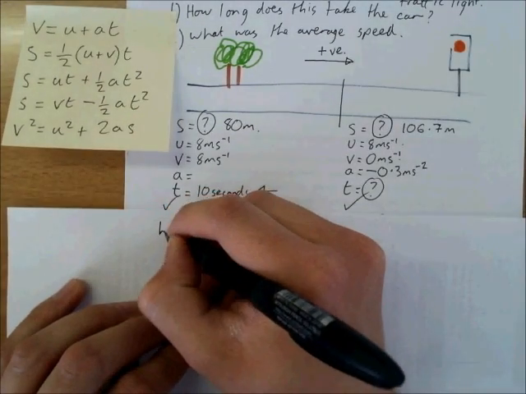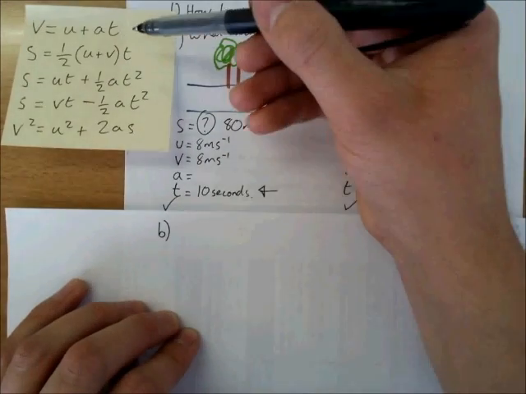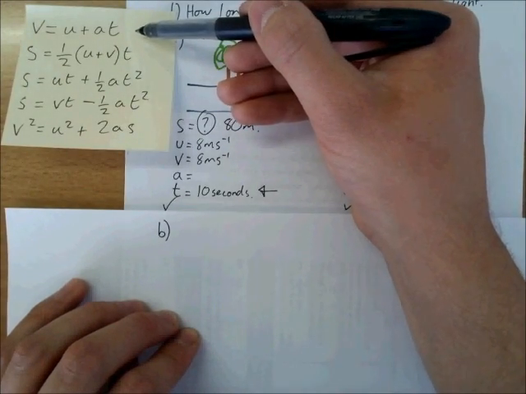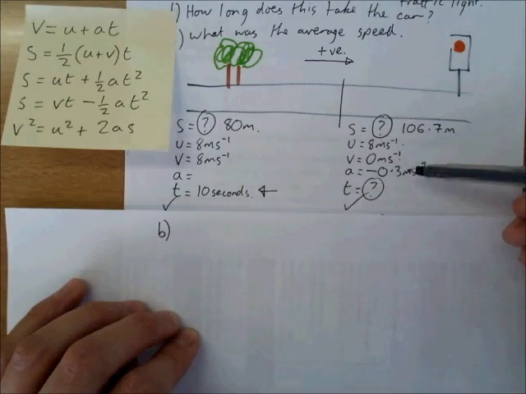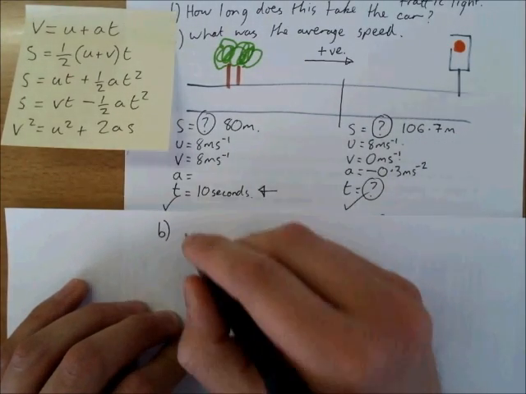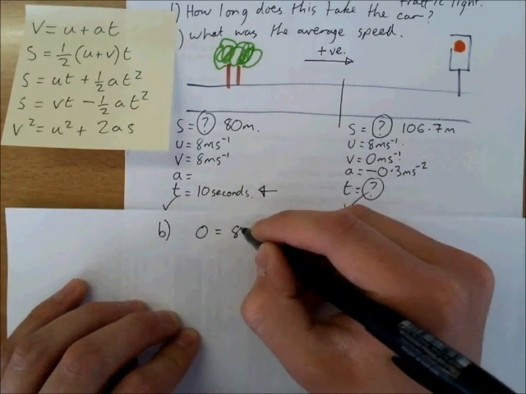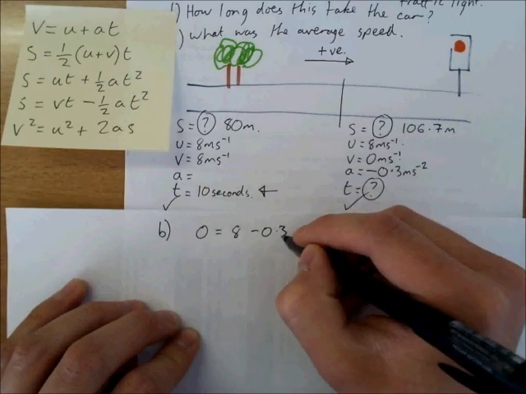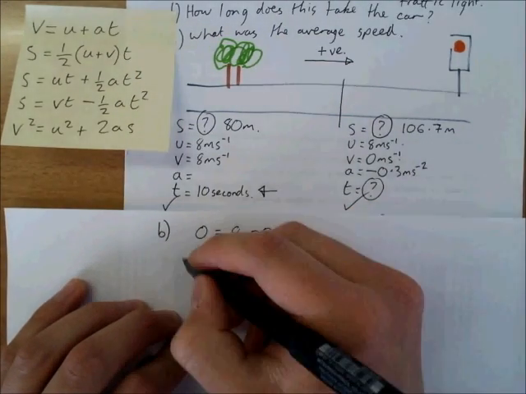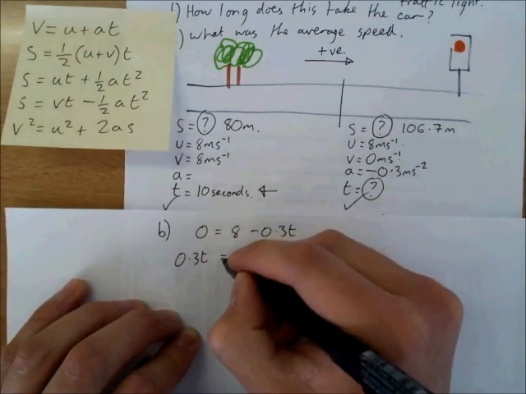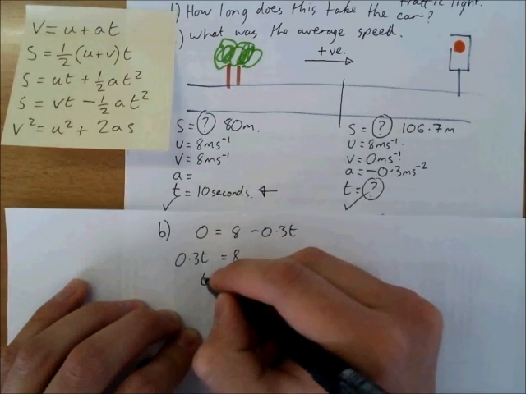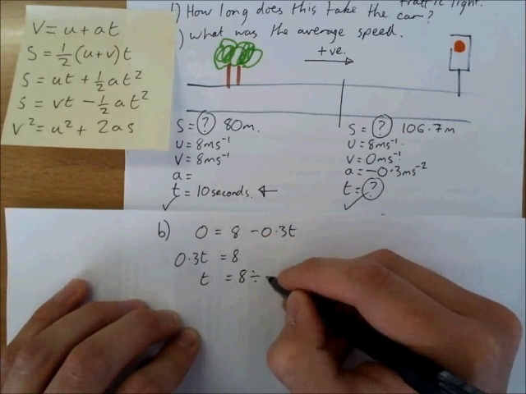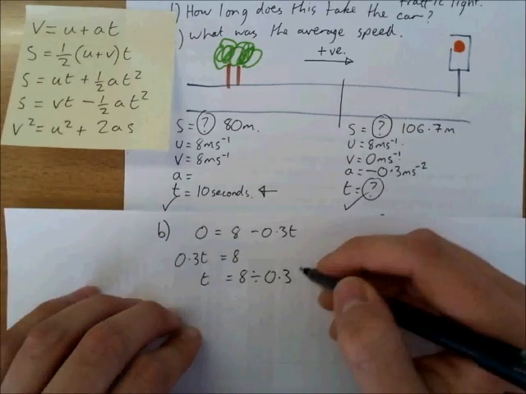So for part B, we're going to use our top equation because it has v, u, a and t. So if we substitute those in, 0 equals 8 minus 0.3t. A quick rearrangement will give us 0.3t equals 8, so t equals 8 divided by 0.3.